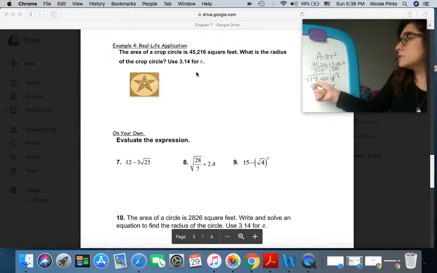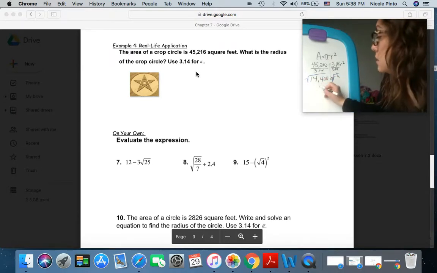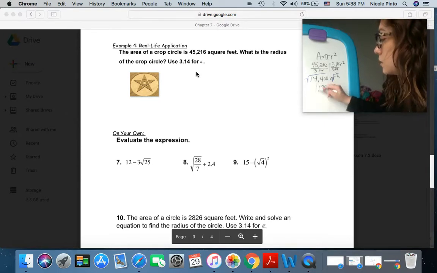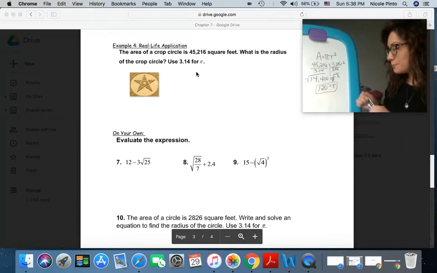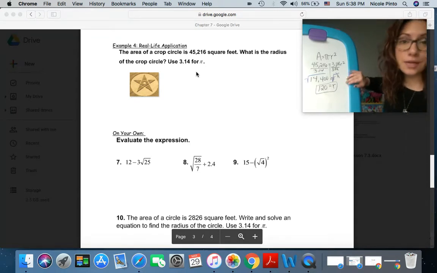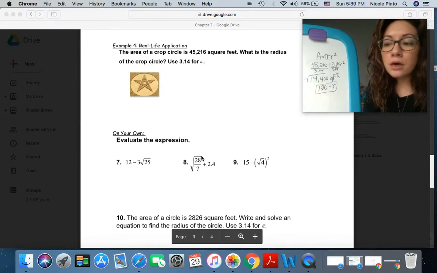Okay, el raíz cuadrado, 14,400 is 120. I know that's what you were thinking. So, again, you can use a calculator with this problem. Okay? So below are the rest of the on your owns that you could complete on your own.